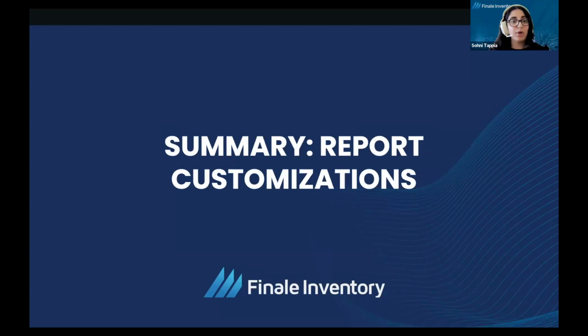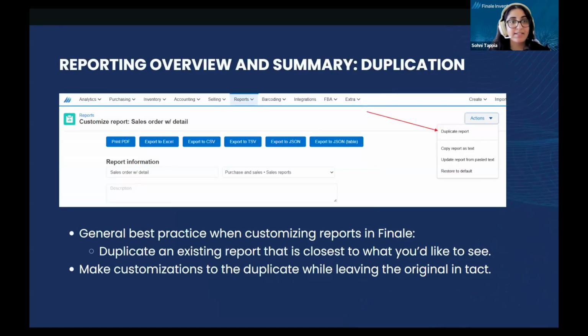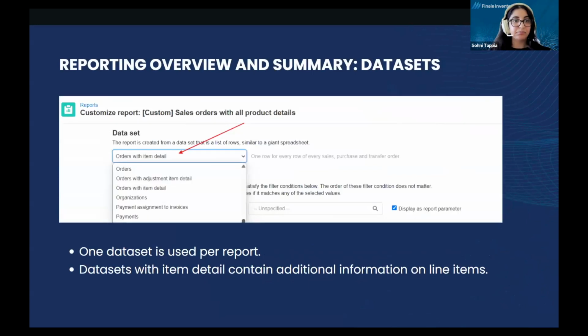Okay, so report customizations, a bit of an overview here. As a best practice, when you are making customizations to reports in Finale, it is best to start by first duplicating the report that is closest to what you want to see, and then making your customizations from there while leaving the original report intact.